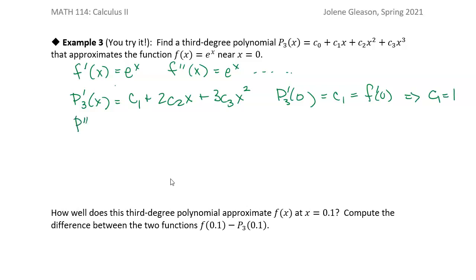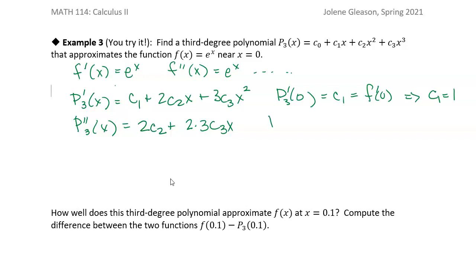Let's look at the second derivative of this polynomial. The derivative of the derivative, we're going to end up with 2c2. The c1 goes away. We take the derivative of 2c2 times x, we get 2c2. And then we're going to have plus 2 times 3, it's 6, times c3 times x.